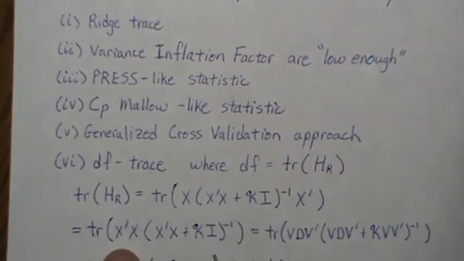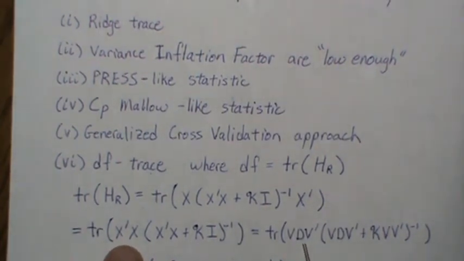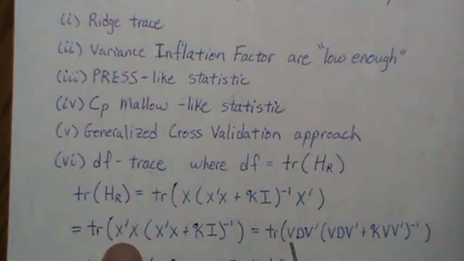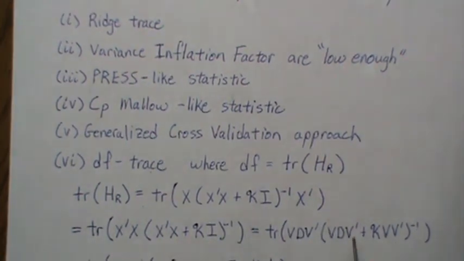Now we decompose this using the spectral decomposition of X transpose X in the same way as here. This is a set of orthonormal eigenvectors, and these are the diagonal matrix of the eigenvalues associated with these orthonormal eigenvectors. I is the identity, so it's V transpose, and inverse. So everything is the same.